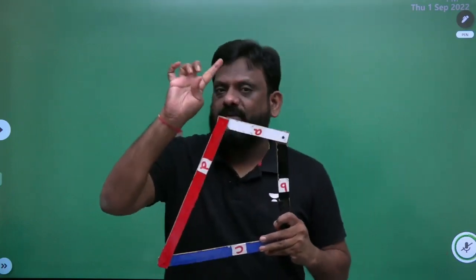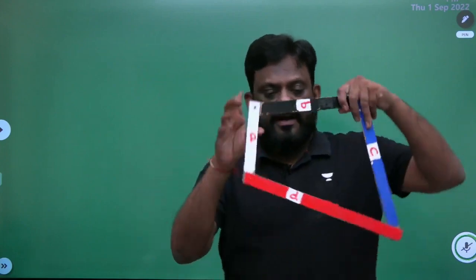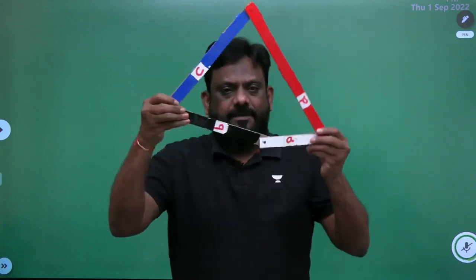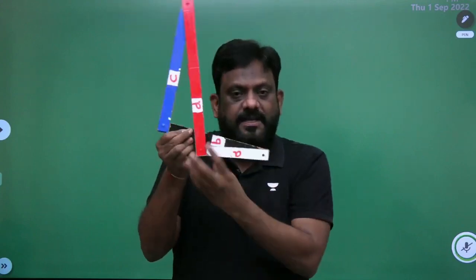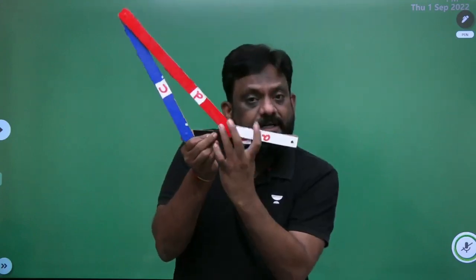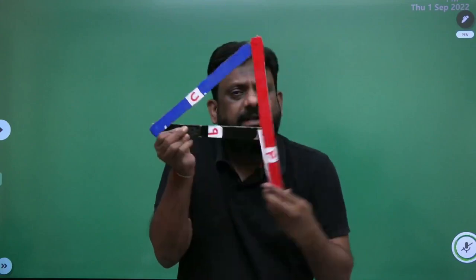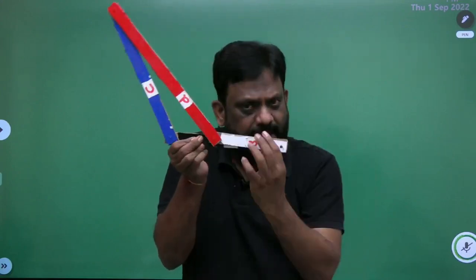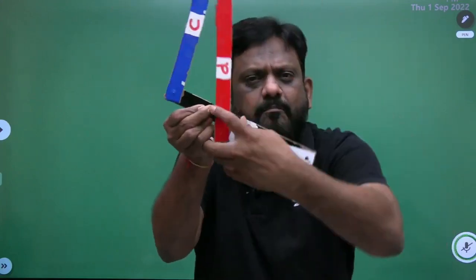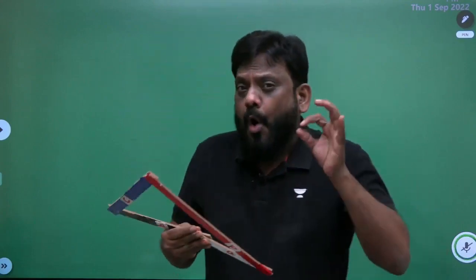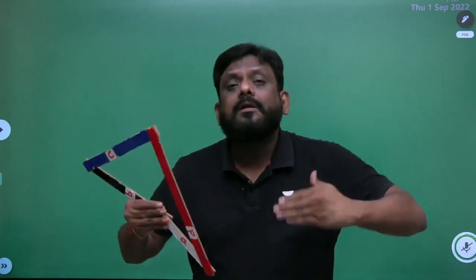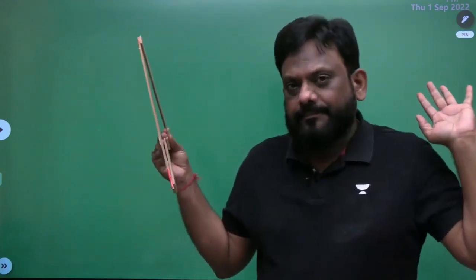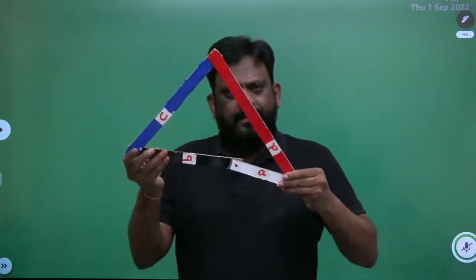Observe clearly, this white link is completely rotating. So if you want one of the links in a 4-bar chain to rotate completely, what are the conditions required?